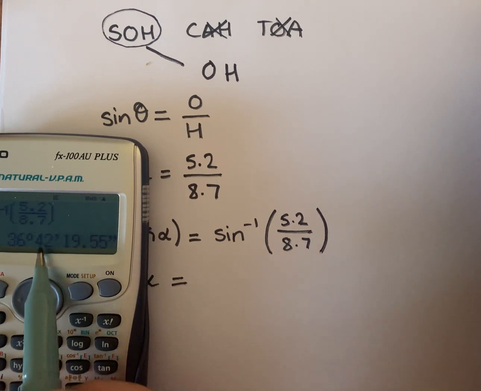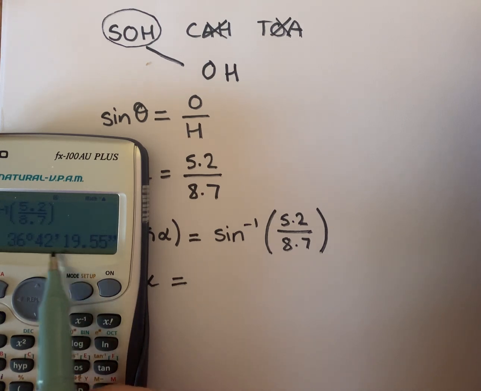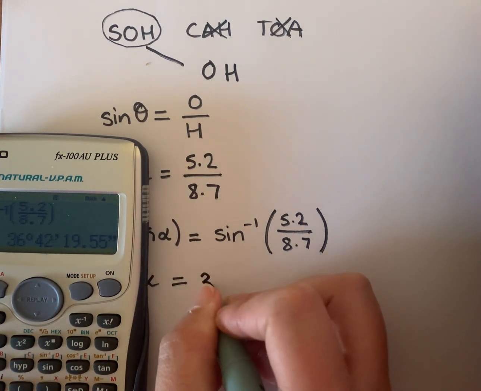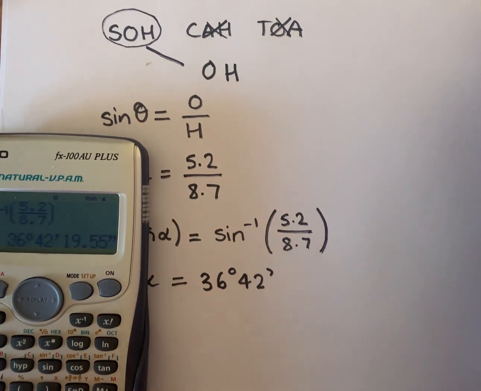This is the minutes column here. And we need to look at the seconds to decide whether or not we round up or down. So 19 is less than 30. 19 is less than halfway, so we round down. So 42 minutes. We don't go up to 43. So that's our answer.